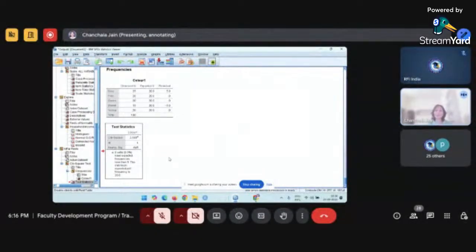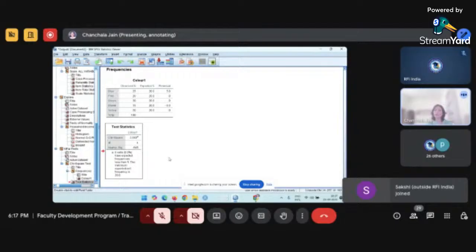So suppose we take 5% as the level of significance, that is 0.05. Comparing 0.645 with 0.05, it is clearly visible that 0.645 is greater than 0.05. The thumb rule I told you yesterday is that if the p-value is greater than the level of significance, you should hold your null hypothesis; you cannot reject it.